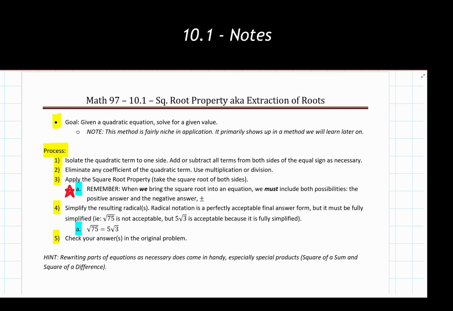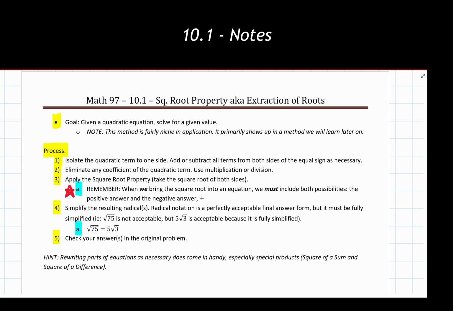And then once we've gone through and found our potential answer or answers, we need to check those in the original problem and make sure we have the correct thing showing up. A lot of people do not want to do that check step, and while it can be a little bit tedious from time to time, it does tend to give us the best results and let us know, hey, I do have a correct answer, or in some instances, hey, I can't use this answer, but I can use the other one.